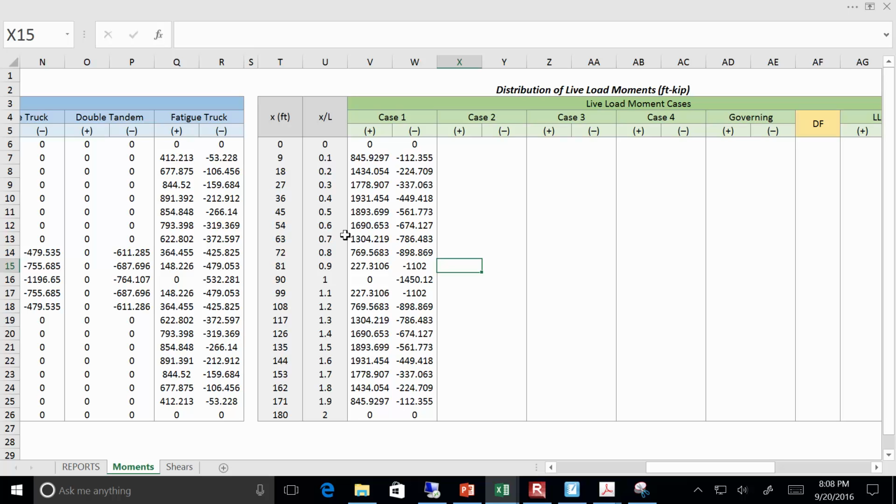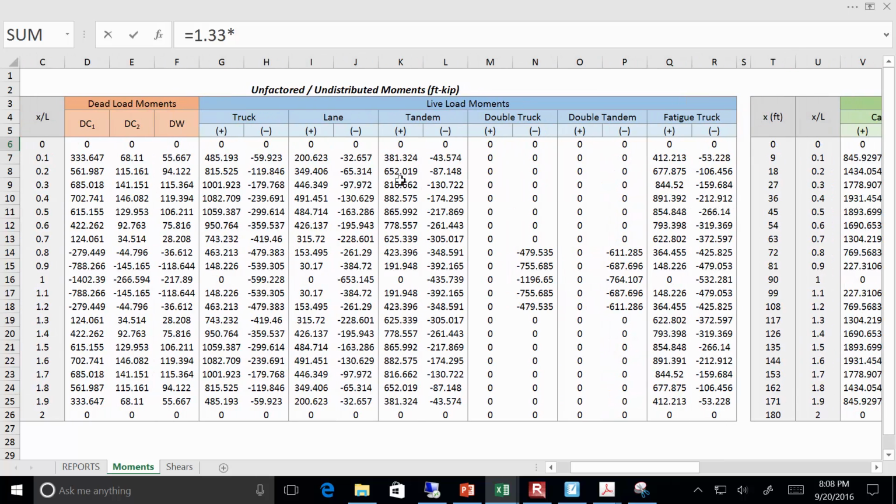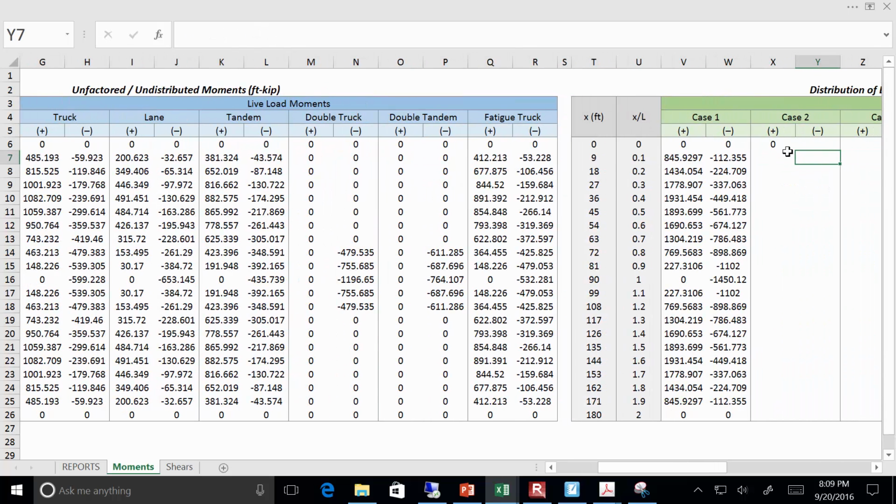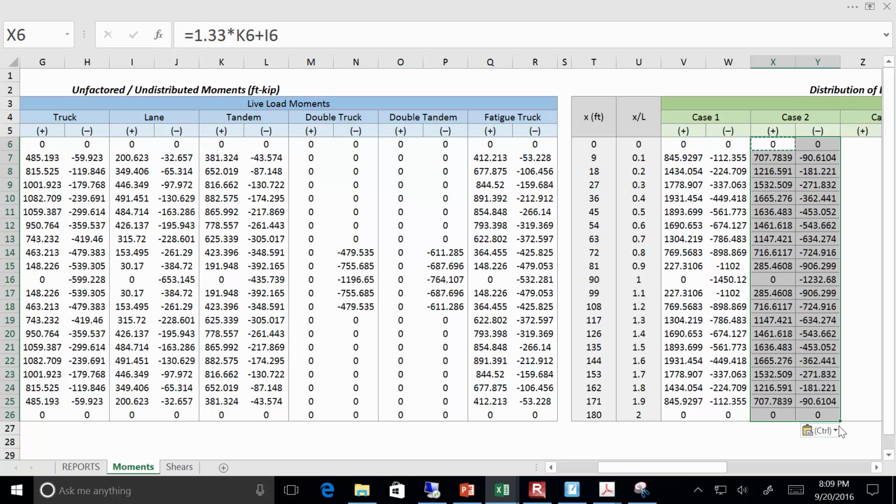Now what's the next one? If it's 1.33 times the truck for the first one, it's 1.33 times what for the second one? Tandem. All right, so equals 1.33 times, scroll over, the tandem plus the lane. And then copy that value, paste it throughout, and just paste the formulas.